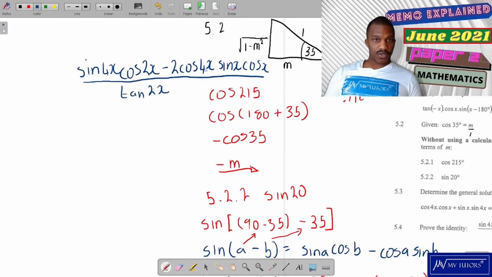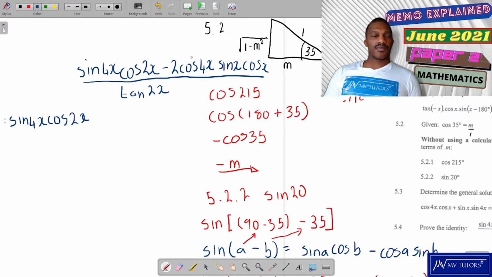Okay, let's look at what's common between these two. Okay, nothing really. I thought there was something common. So what we're going to do is rewrite this one, the first one, sine 4x cos 2x.